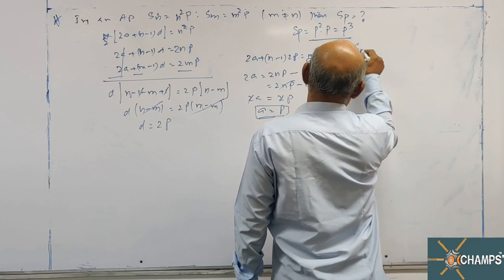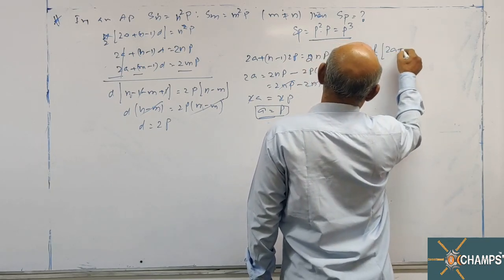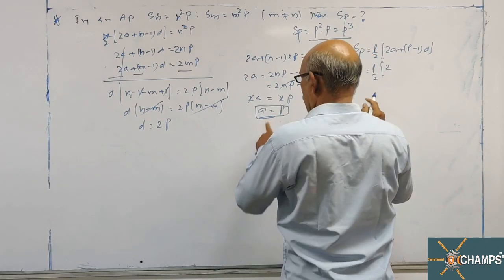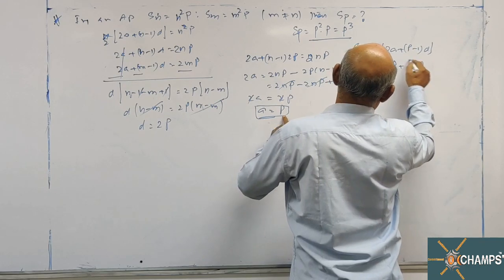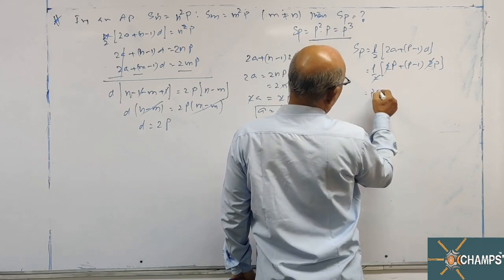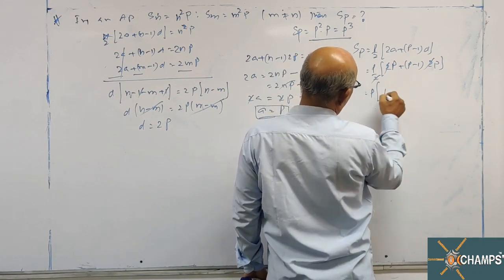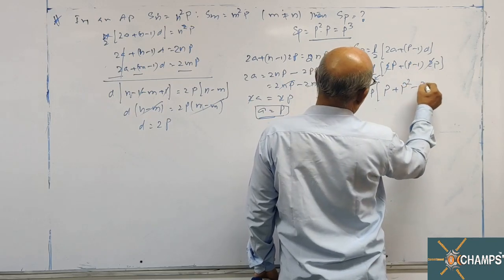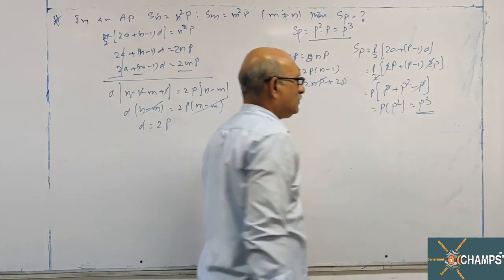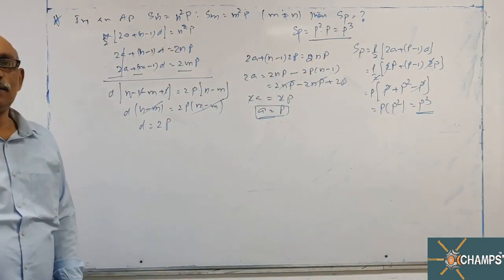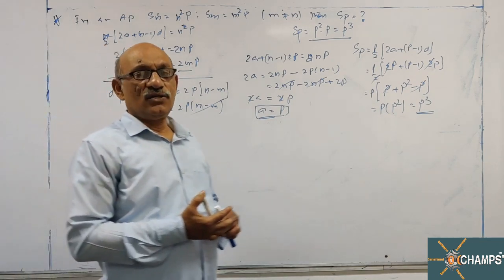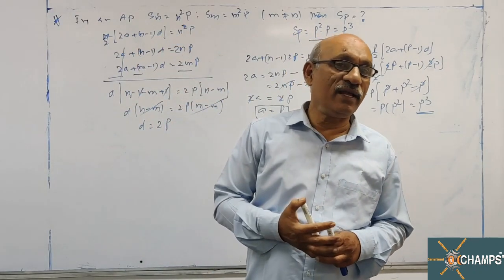Now Sp is equal to p by 2 into 2a plus p minus 1 into d. p by 2 into 2a, a is equal to p, plus p minus 1 into common difference 2p. 2 cancel. You can also take p as it is, p into p square minus 1. p into p square, this is p cube. Any way you can solve. Okay, this is the process. That's all in this video, remaining in the next session. Thank you.